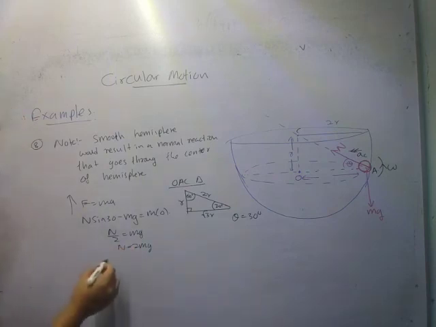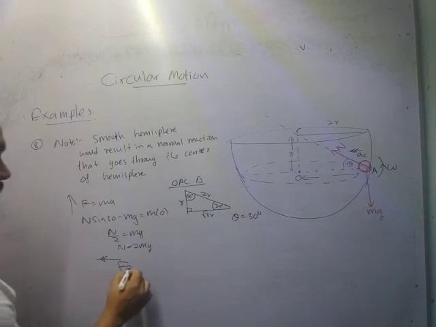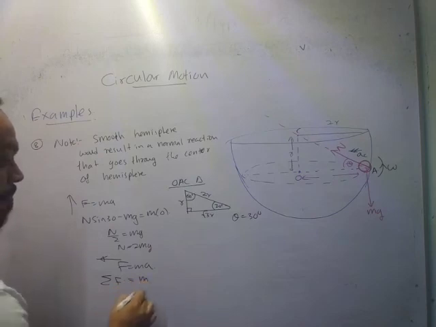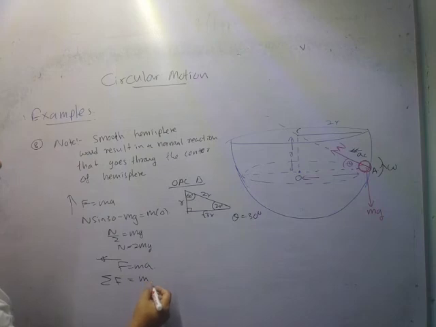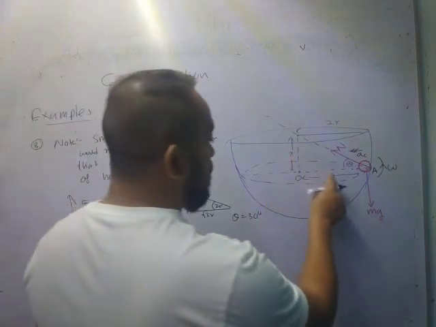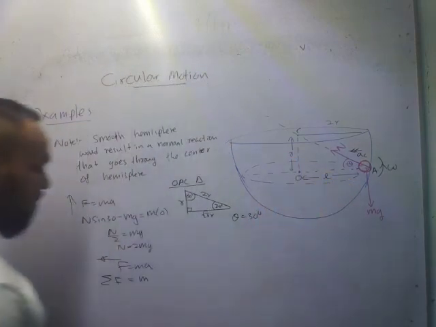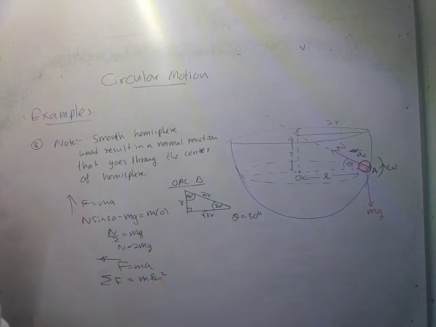Now F equals ma in this direction. All the components of forces equal m times acceleration. We need to find the angular velocity, so I'm not going to use r here; let's call it L omega squared. We have only N cos theta.